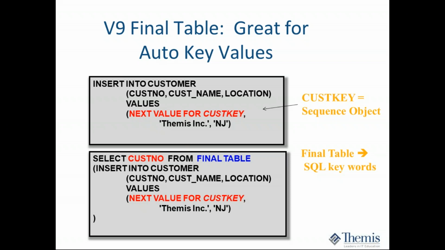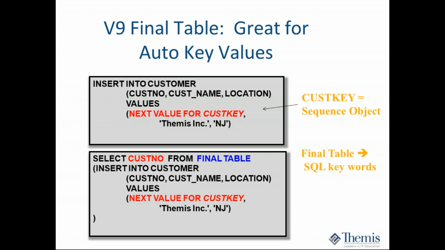DB2 is going to assign the next available incrementing number. Like order numbers. I don't want to give it an order number, just assign the next order number. But when I do an insert, I often need that key value. I want to show it on a screen, on a report, or insert into a child table.